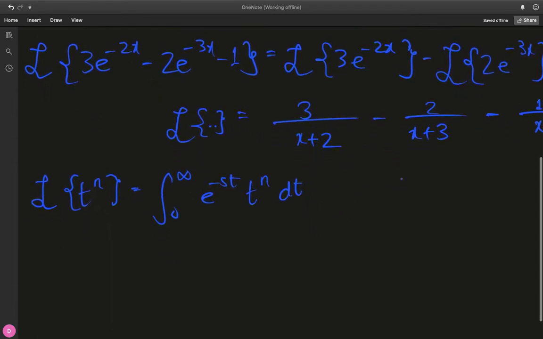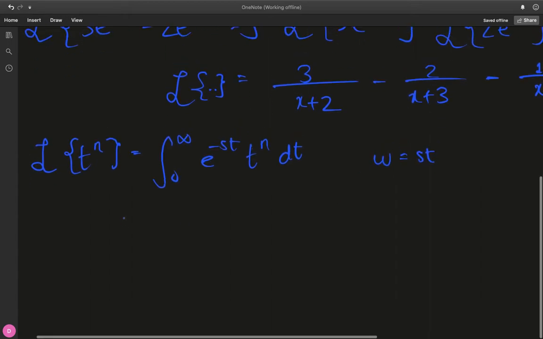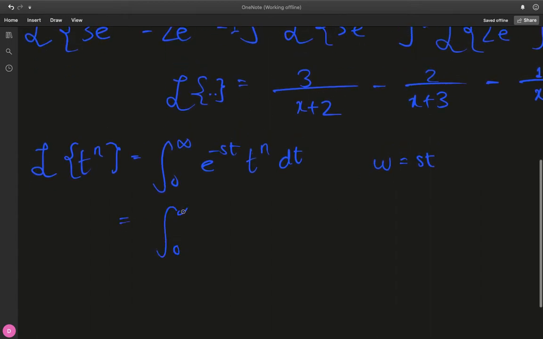Now if you want to make a quick substitution, say w equals st, you can do that. Upper and lower bounds remain the same. You have e raised to negative w times t, which is w over s, so w over s to the nth power, and then dt is nothing but dw over s.